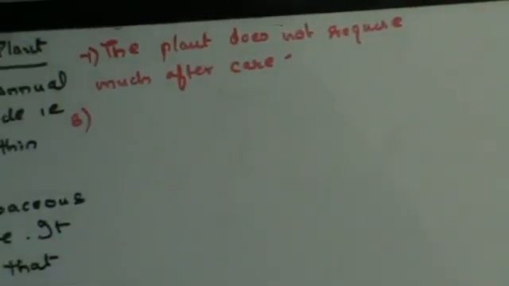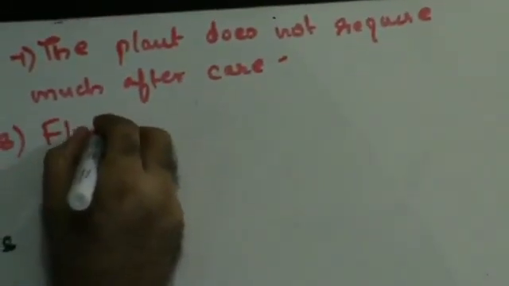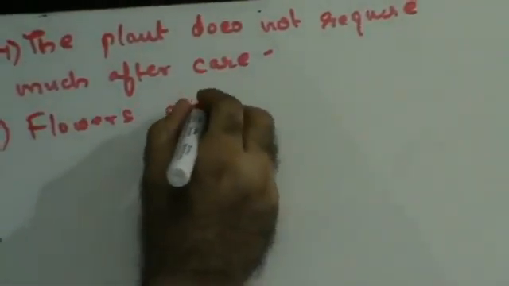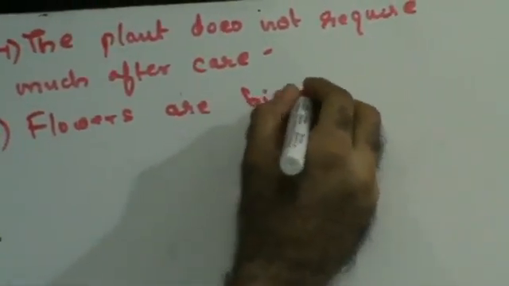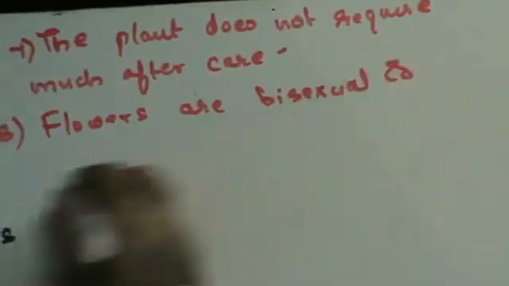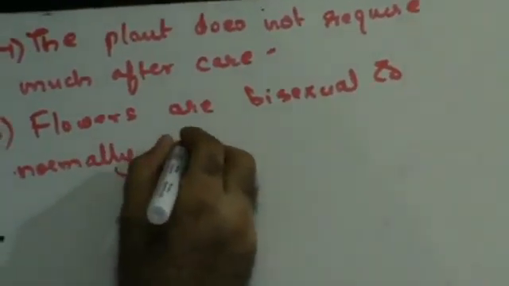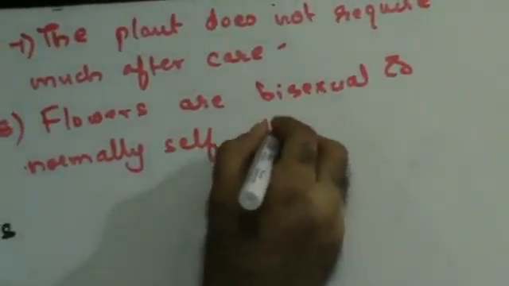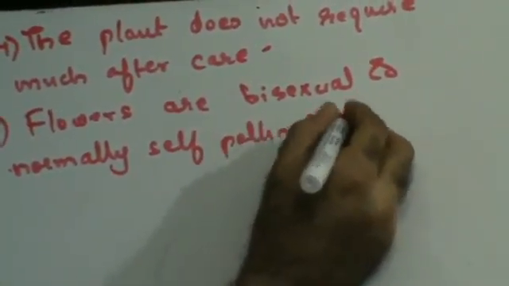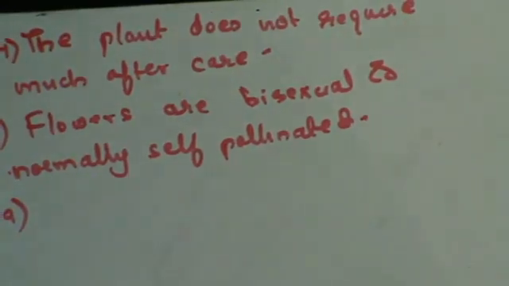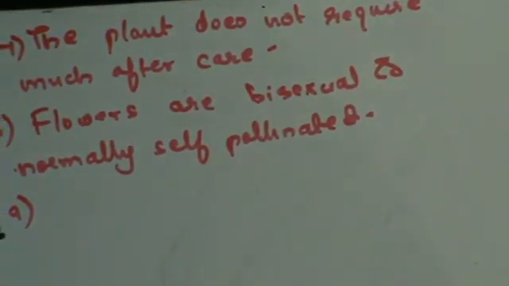Right? The flowers are bisexual and normally self-pollinated. Right? Next, then you can say that there is little chance of contamination from foreign pollen.